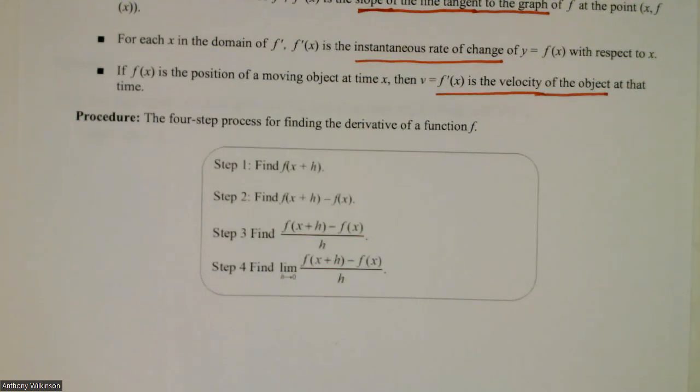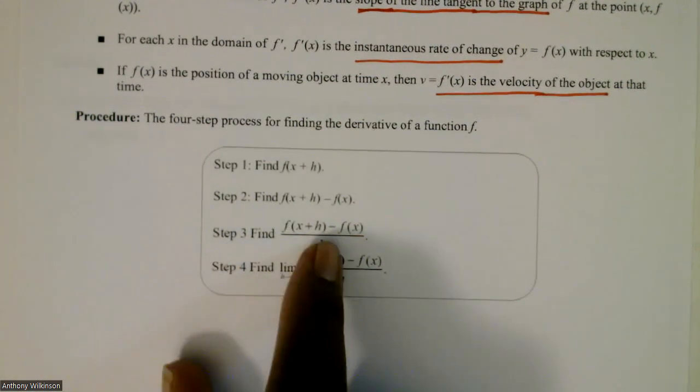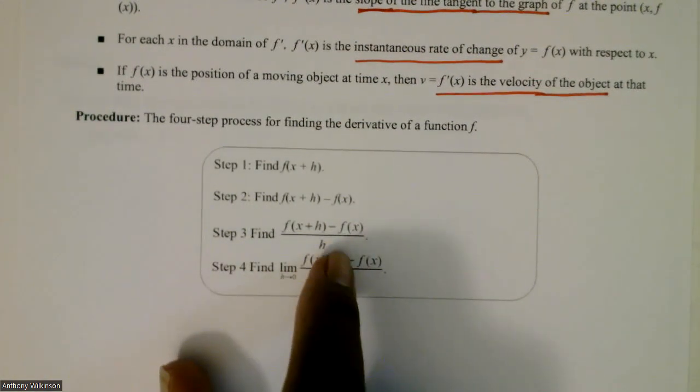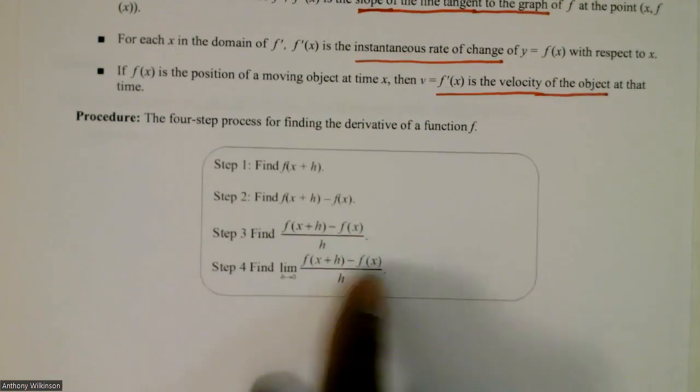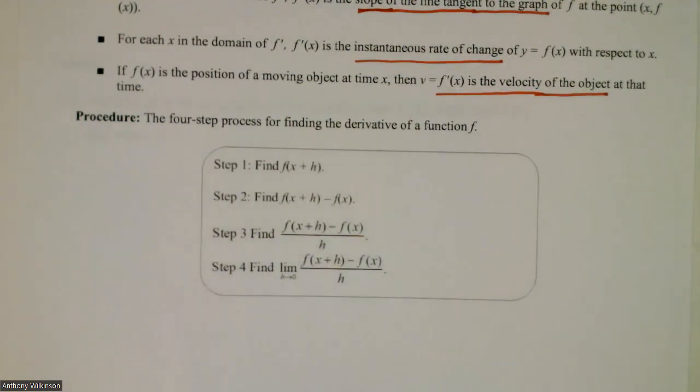And then whatever that is, step number 3, you'll find this by dividing whatever you got in step number 2 by h. And then finally, step number 4, you'll take the limit as h approaches 0 of this expression, f of x plus h minus f of x divided by h.